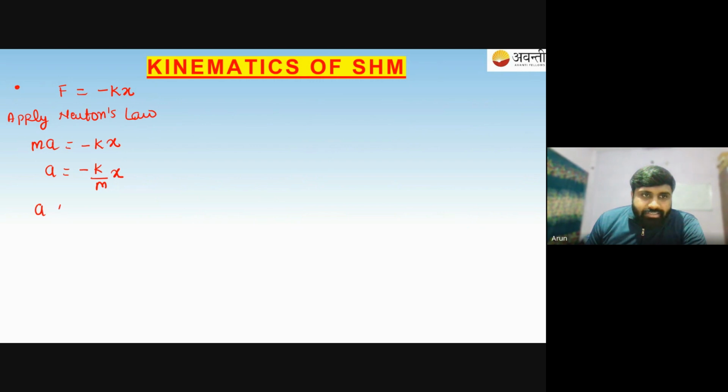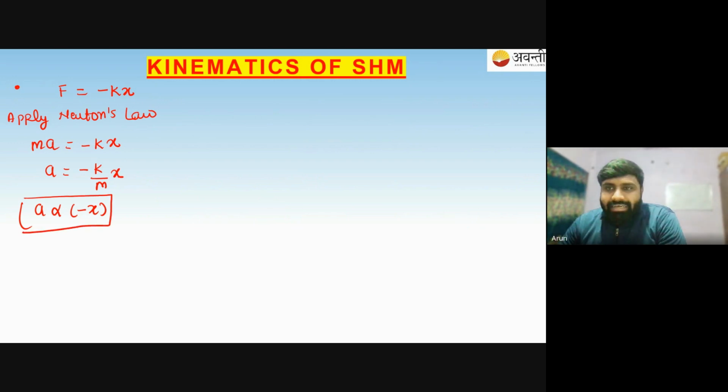So acceleration is directly proportional to the negative of displacement. For every SHM or every oscillatory kind of motion, this equation needs to be satisfied, which means that acceleration is directly proportional to the negative of displacement.